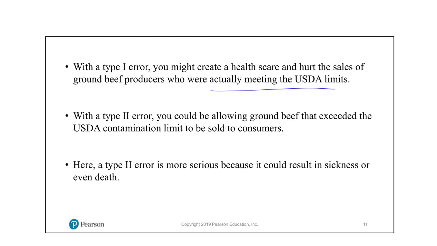In the other case, you're actually allowing the ground beef that's contaminated to be sold, and you shouldn't have, because you were supposed to identify that it was over the limit. So in this case, that's not always going to be true, but in this case, the type 2 error was more severe because you put people in jeopardy of sickness when it should have been avoided.